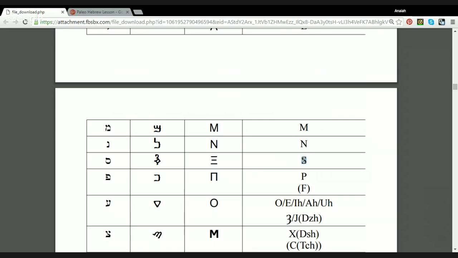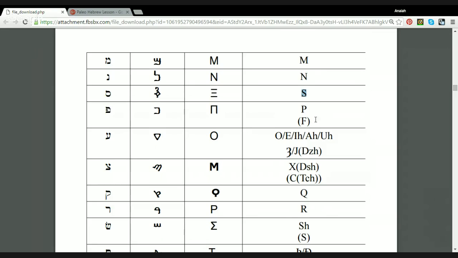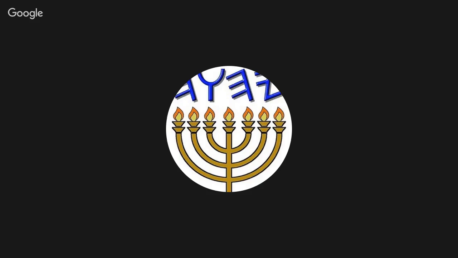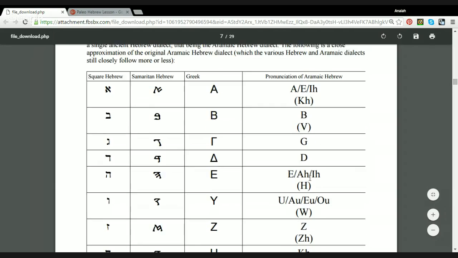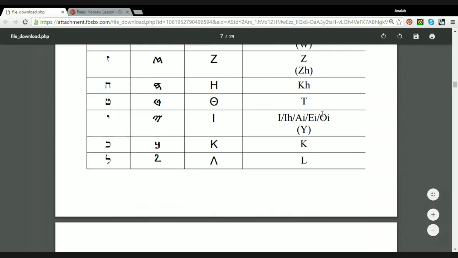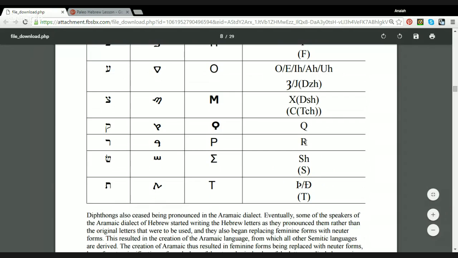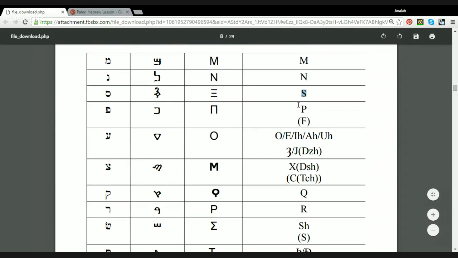And then you've got S. Remember before I had V and F, and I had B and P. Well, I simply replaced them. I moved the V here, and I moved the P here, and that's what it is in Aramaic. It's the exact same. So then, for Ayin, it's O, E, I, A, G, H, J, D, Z, H.